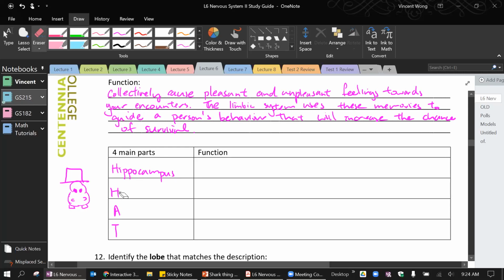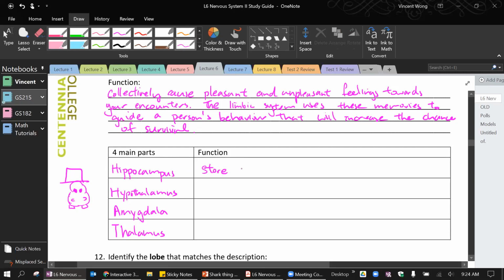Okay, so hippocampus, hypothalamus, A is amygdala, and T is thalamus. Okay, so these are the four main parts of the limbic system.